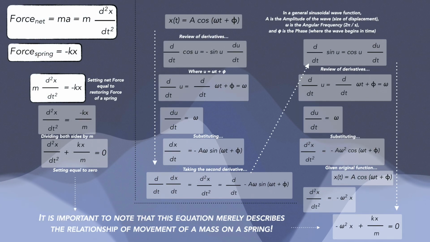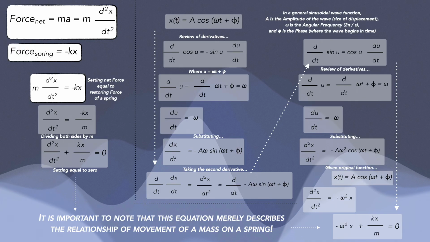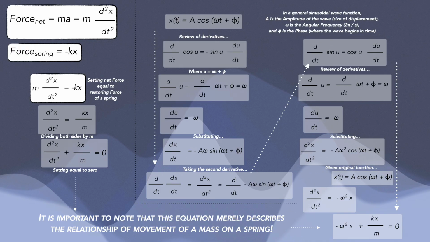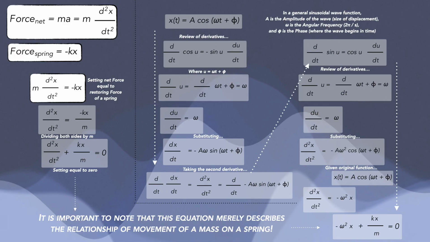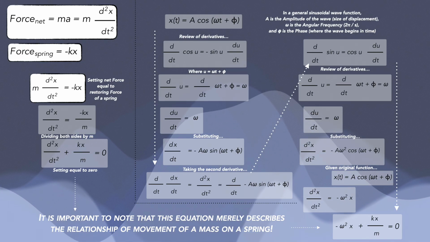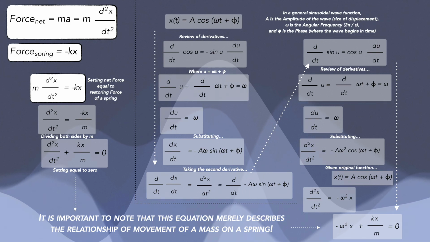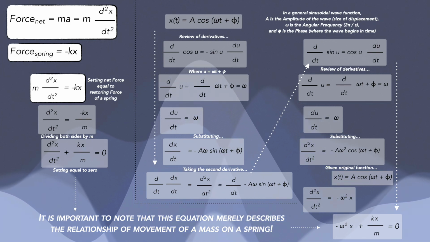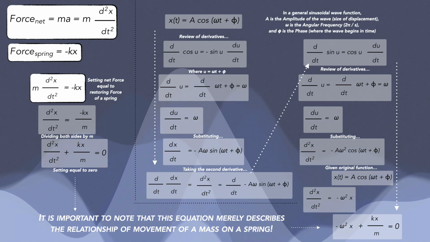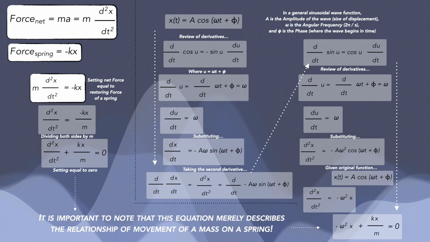And just like many physical systems, this vibration follows the mathematics of simple harmonic motion. If we set the restoring force of a spring equal to the motion of the masses, we get a familiar second order differential equation for oscillation.